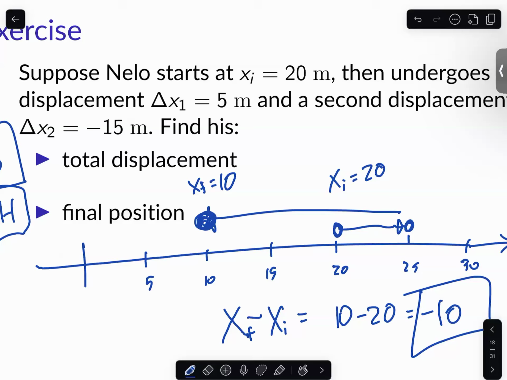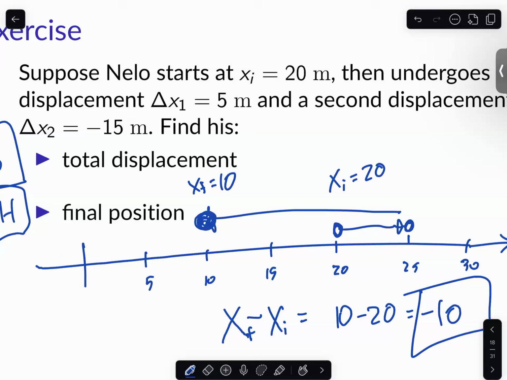Didn't change. I'm at the same x final as I was at my x initial, zero meters displacement. Distance covered is much more complicated to calculate in general. It is much more difficult to calculate than distance between two points. We're going to use distance between two points, always in here.